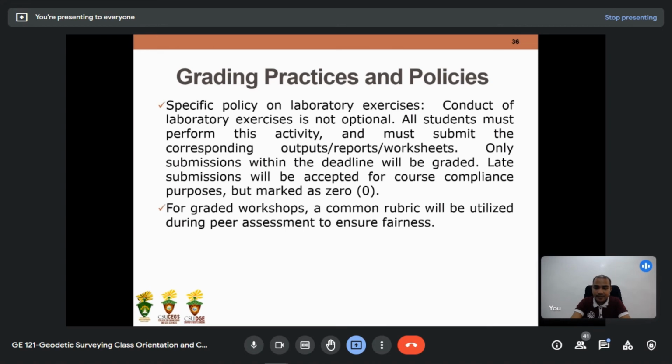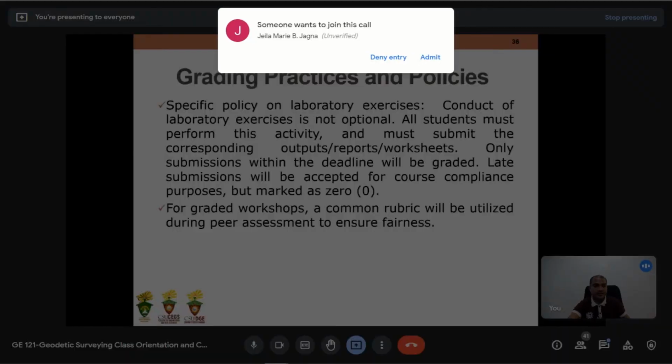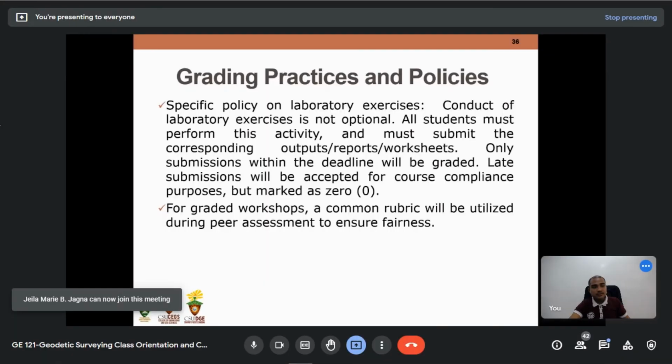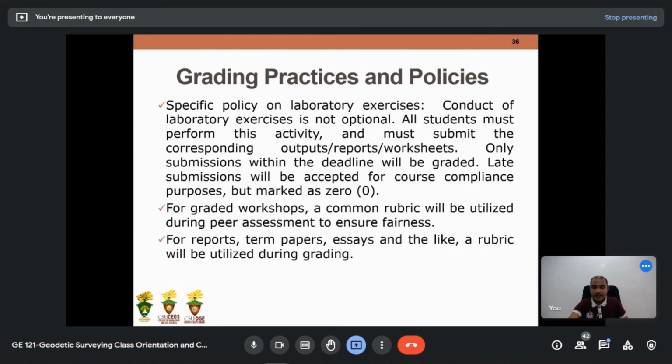Then for graded workshops, a common rubric will be utilized during peer assessment to ensure fairness. Pero usually forum raman, dili man siya workshop. Then for reports, term papers, essays, and the like, a rubric will be utilized during the grading.